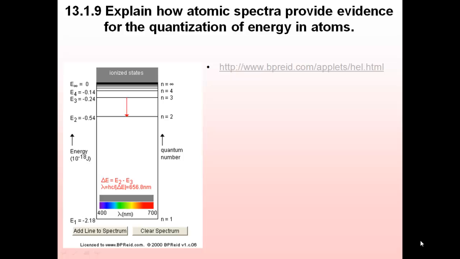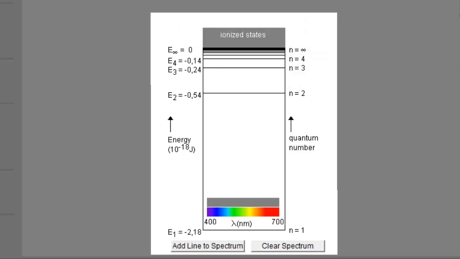Now, why do we get this? Here is an interesting demo to show how energy is quantized in atoms. We're interested in this part here. So we have to add a line to a spectrum.